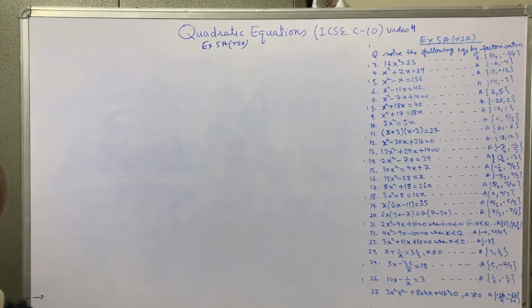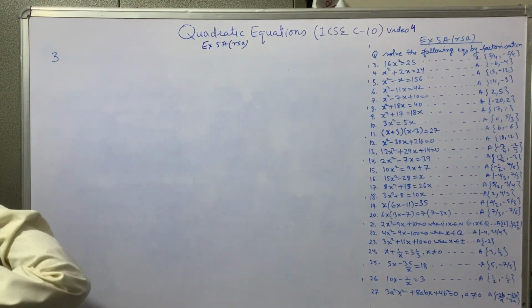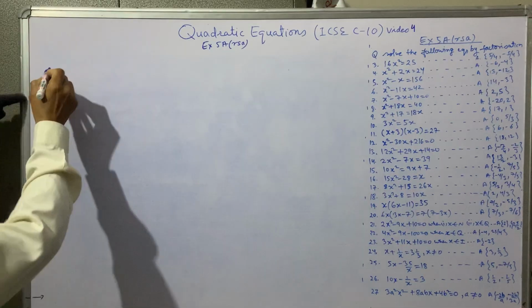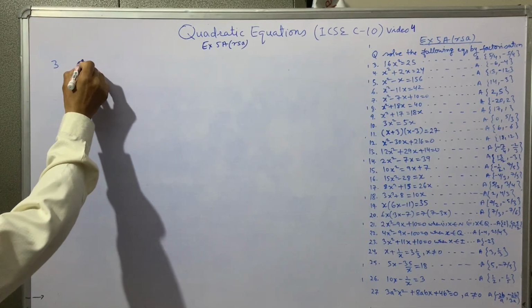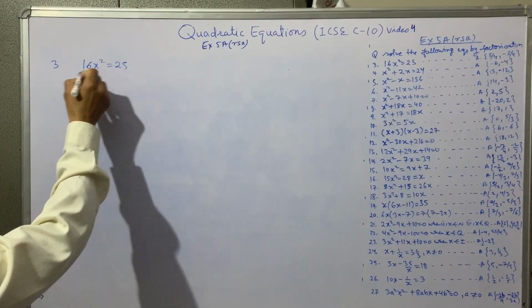So first of all, let's see question number 3. It is given 16x square is equal to 25.